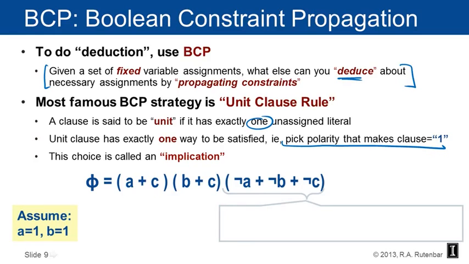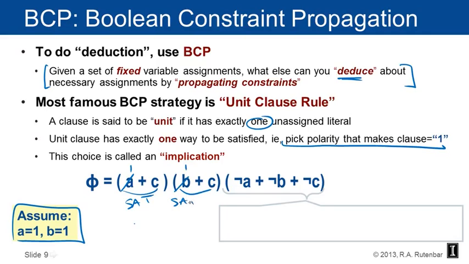So here's a little Boolean function, phi: (a + c)(b + c)(not a + not b + not c). And let us assume that we have decided to make these choices: a is a 1 and b is a 1. So what do we know? In the first clause, a is a 1, so that clause is satisfied. I can stop worrying about it. And in the second clause, b is a 1, so that clause is satisfied.